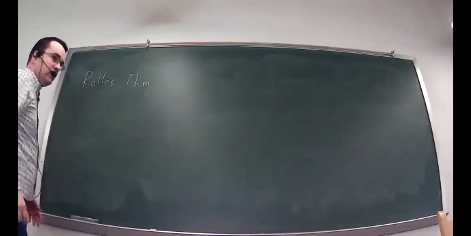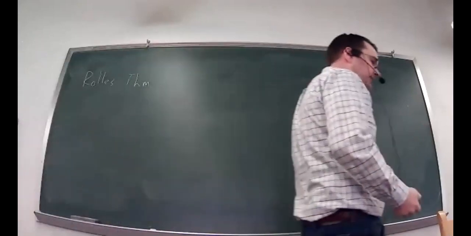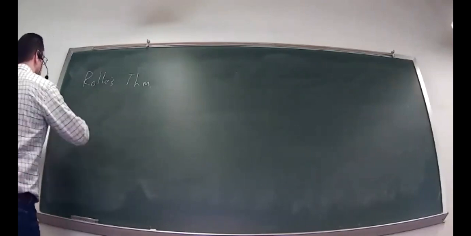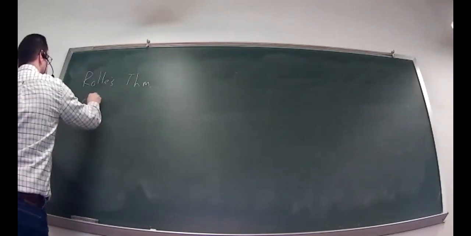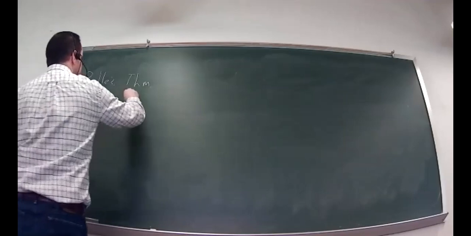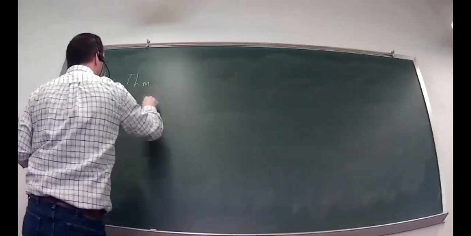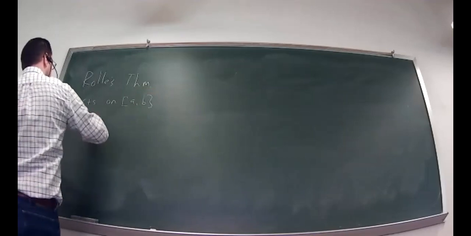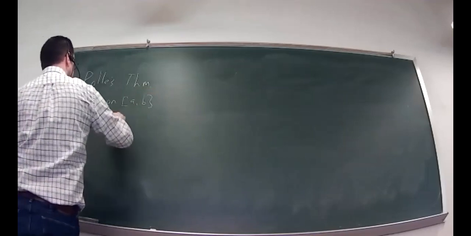It's another example of an application of Fermat's theorem. Let me check the statement so I don't mess it up. Once again, it's the same setup: you have a continuous function on the closed interval, and you have a function that is differentiable.